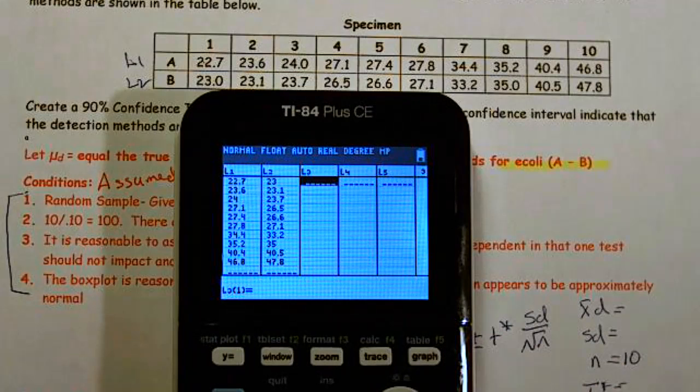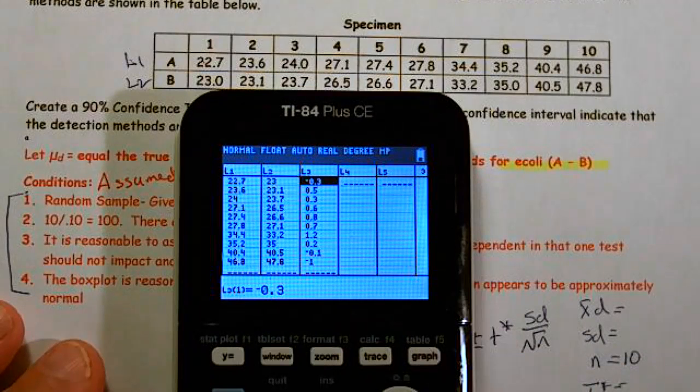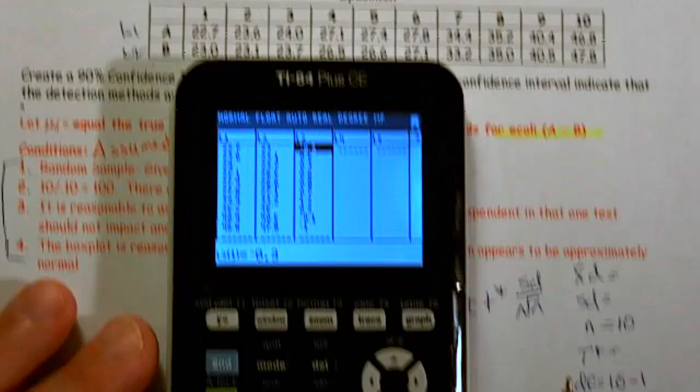But I'm not interested in the individual data, I'm interested in the individual differences. So I need to go to the top of L3 and go second 1 minus second 2. And now I have my individual differences.